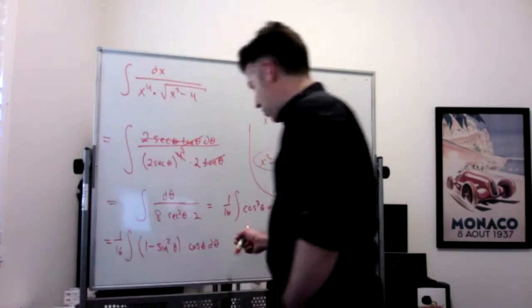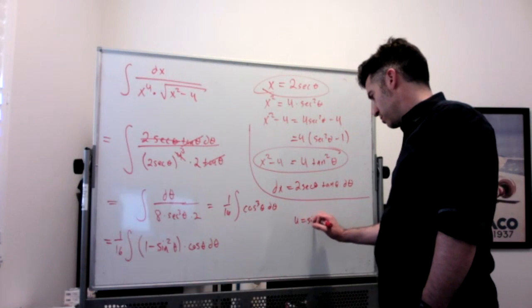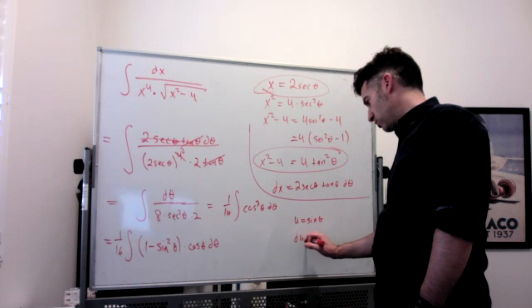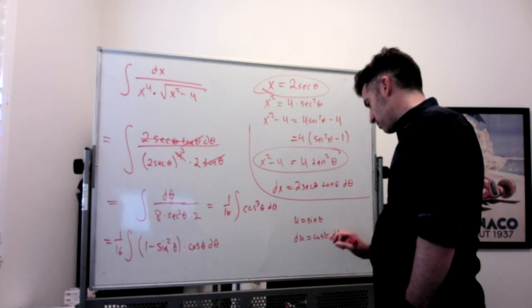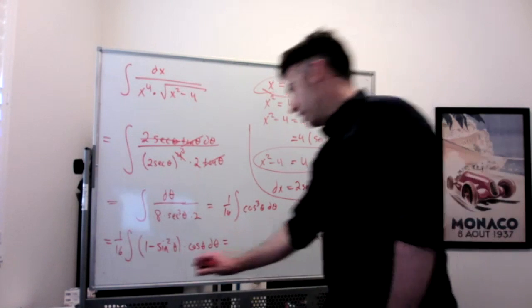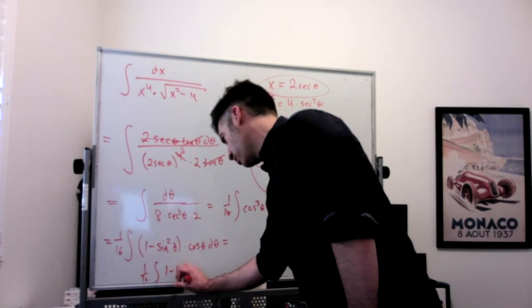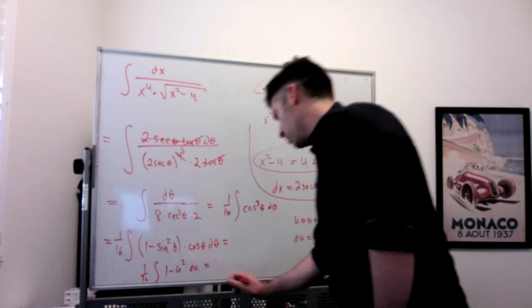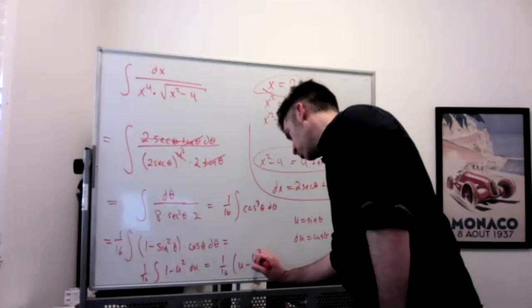And so there it's a little more obvious that, oh yeah, we should let u equal sine. So du equals cosine. All right, so we're going to get 1/16 the integral of 1 minus u squared du. We end up with 1/16 times u minus u cubed over 3.